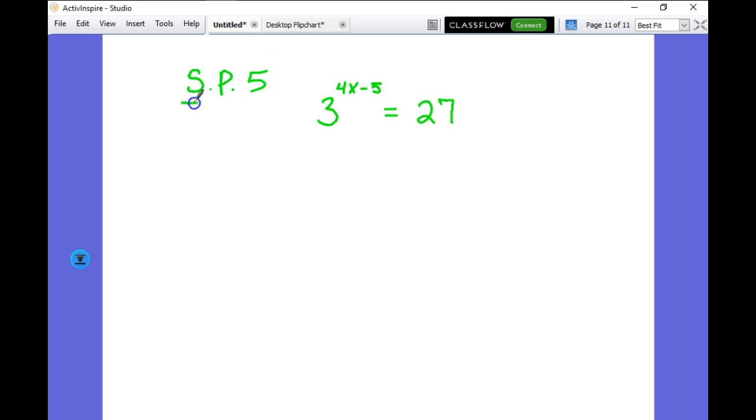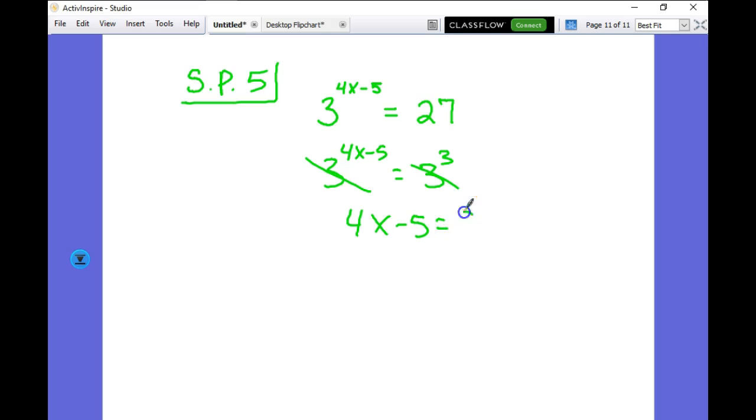That's student practice 5, I believe, right? So we have 27. Now, I can change 27 into a base of 3, right? We've seen that a few times today. So we can drop out the base now, and then we have this equation that needs to be solved. If you solve it, you should end up with 2.